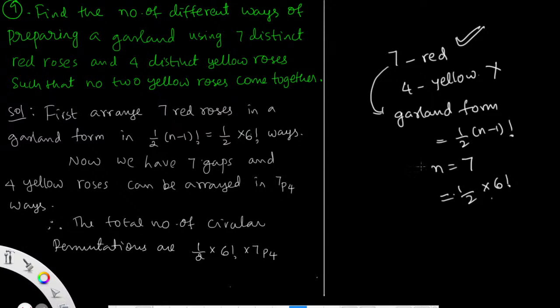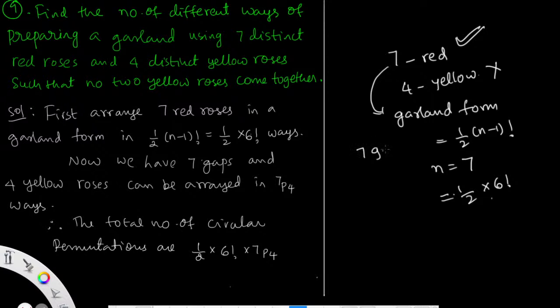Then with 7 red roses, we can find 7 gaps. In the previous problem also, 7 persons, 7 gents. In circular arrangements, the number of gaps we can find is the same as n. So in 7 gaps we can arrange the 4 yellow roses.